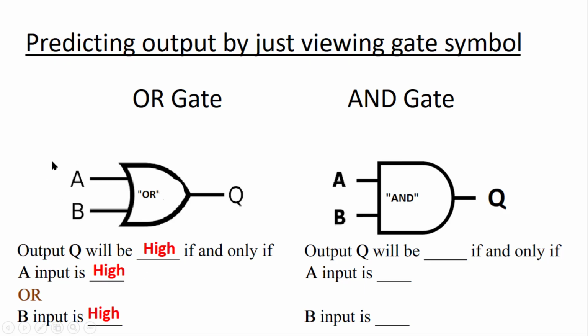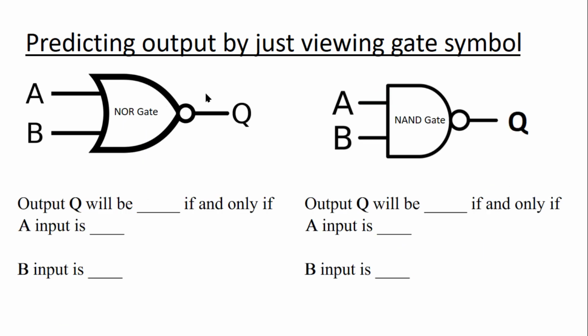So any one of these inputs has to be high. And for the AND gate, the Q output will be high if and only if this A input is high and if this B input is high too. So both of these have to be high. If any one of them is low, then Q is also low.